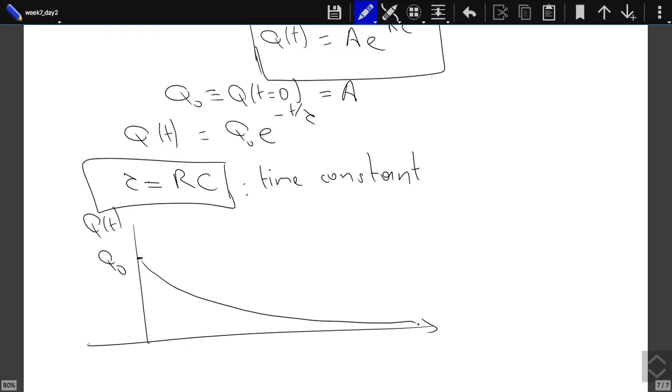Well, that is kind of expected, because a large tau means either you have a large resistance. Well, if you have a large resistance, the current will be small, so the charges will move slowly from one side to the other side. Or the capacitance is large. That means there are too many charges in the system already. So it will take a long time to discharge it completely, or both of them.